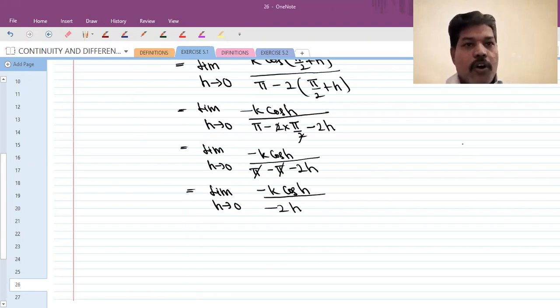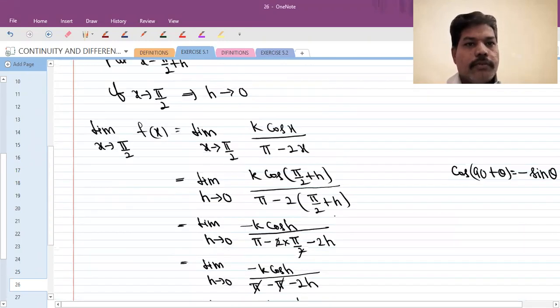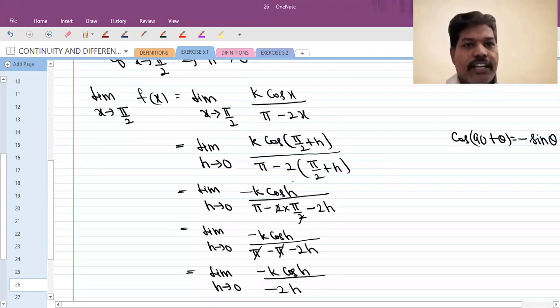So some small mistake, students. Here you can observe that cos 90 plus h is minus sine h actually. We have written cos h here, but it is actually sine h, because cos 90 plus theta is minus sine theta. So here also it is sine h actually.